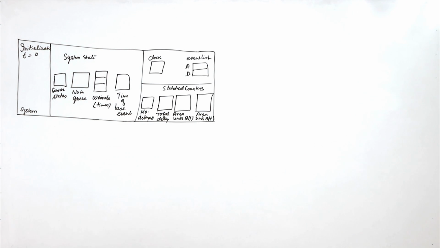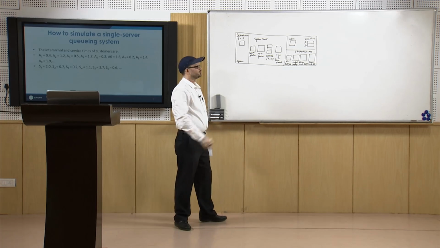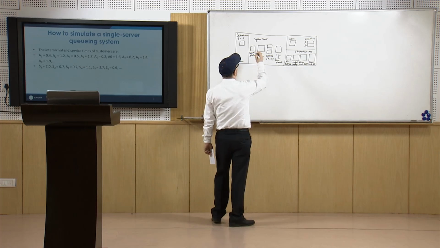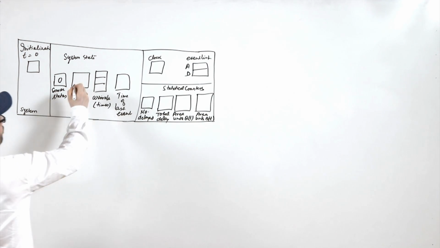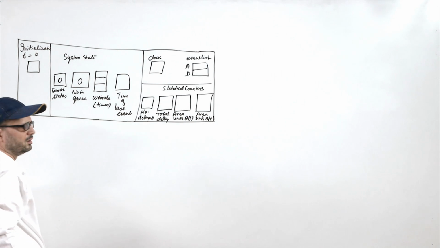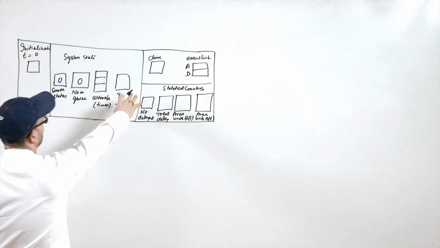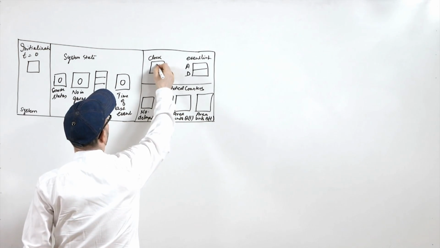At t equal to 0 you have a server, but you do not have any customer in the system. Since there is no customer, your server is idle, it will be 0. There is no person in the queue, and no arrival. So, the clock time is 0.